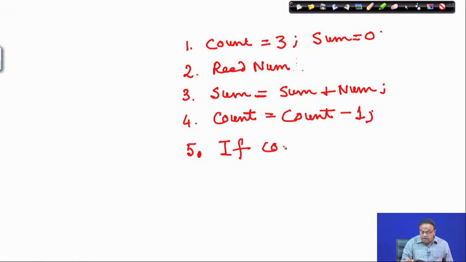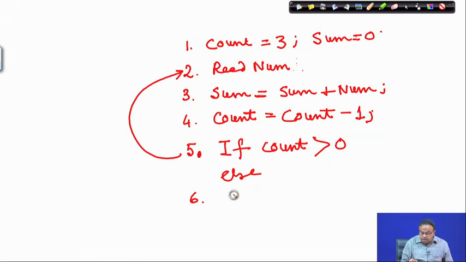Now, I check if count is greater than 0, then what I do in my flow chart? I go back to reading the number again. Otherwise, else I come to the computation of the average, right.